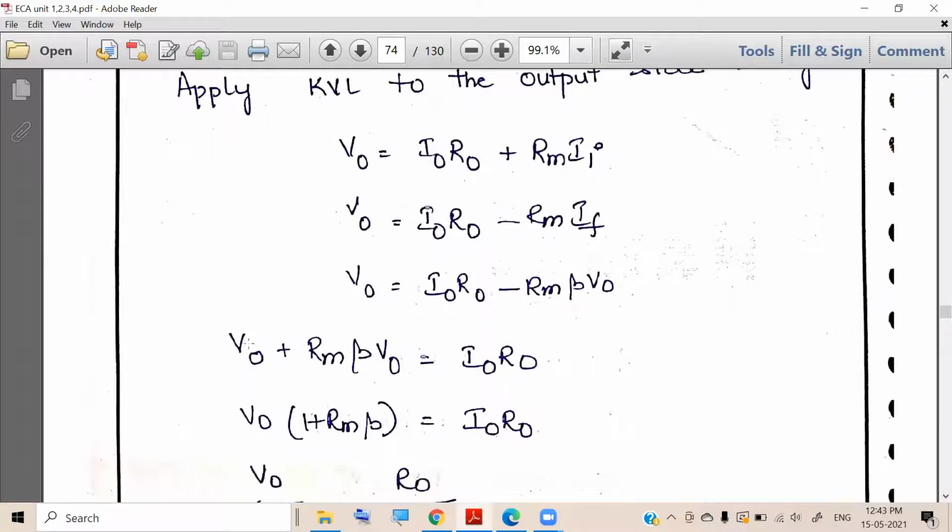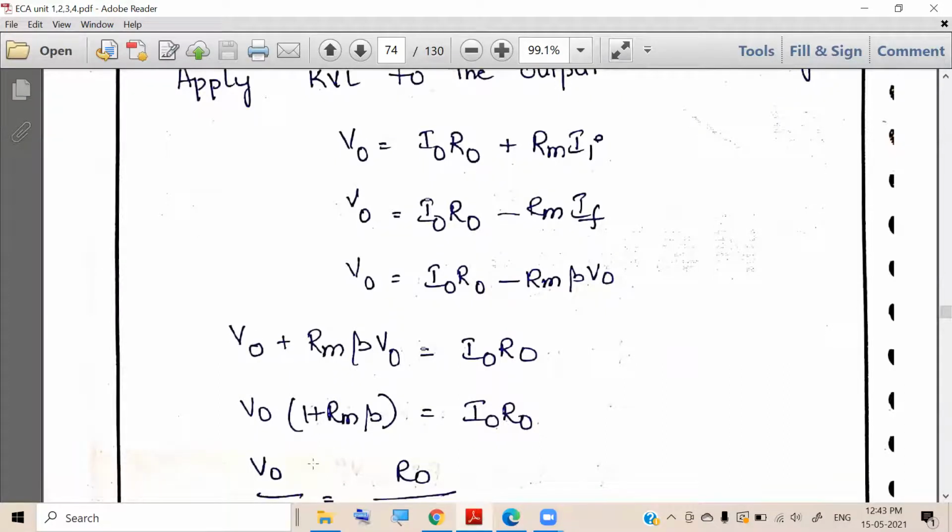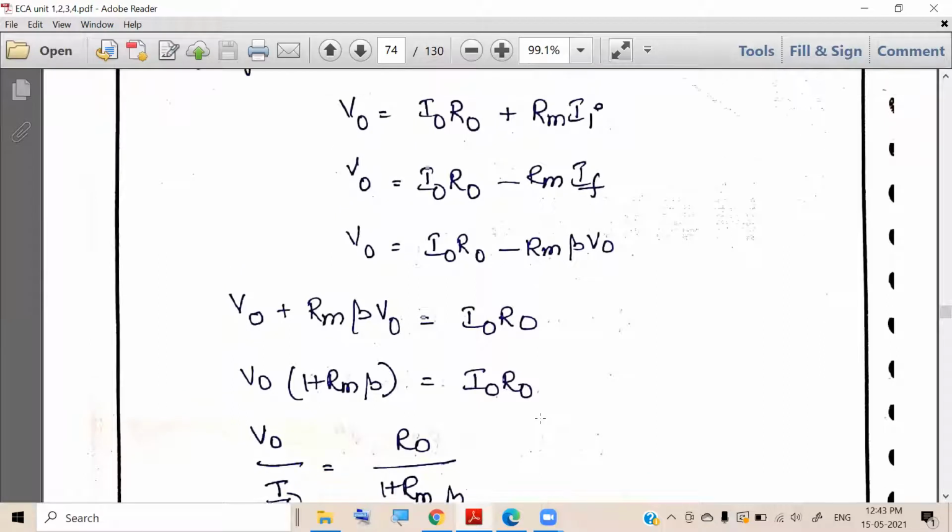Taking V0 common, 1 plus Rm beta, V0 times that is equal to I0 R0.